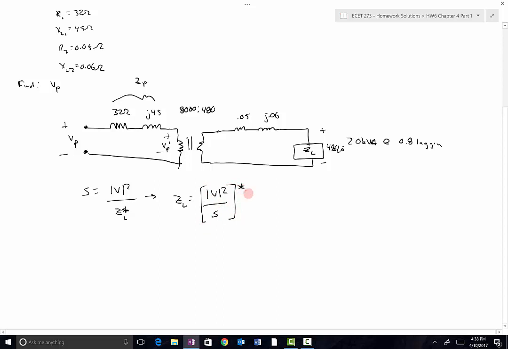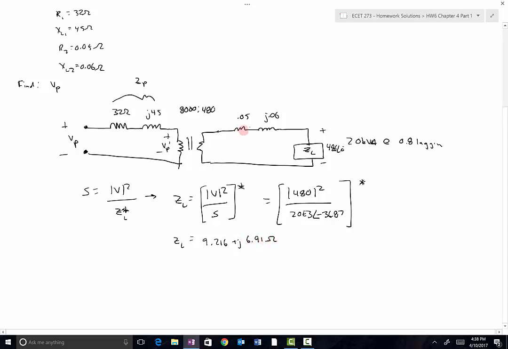This is 480 volts, magnitude squared, divided by 20 e to the third at an angle of the inverse cosine of 0.8, that's 36.87. It's a lagging load, so that's minus 36.87, and then I take the complex conjugate. I get a load impedance of 9.216 plus J 6.91 ohms.